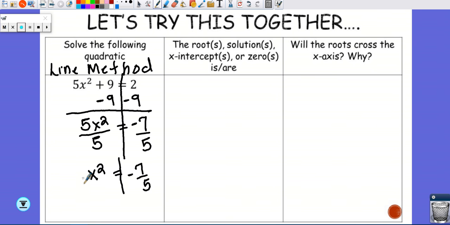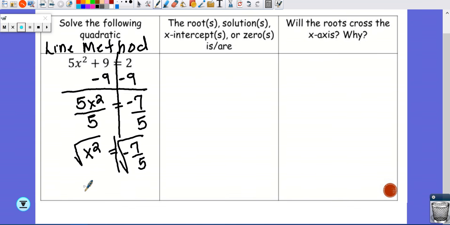The inverse operation of something squared is to take its square root. So I take the square root, and the 1/2 power and the square reduce each other to 1, so we're just left with x. When we take the square root of a quadratic, there should be at most 2 solutions.